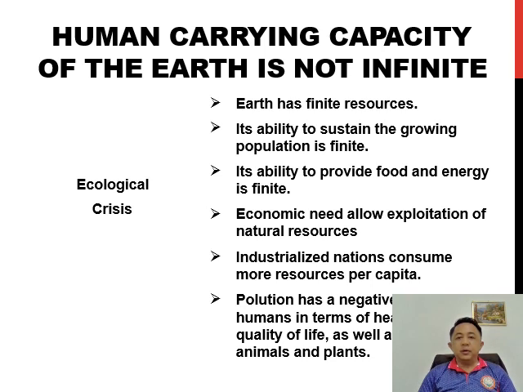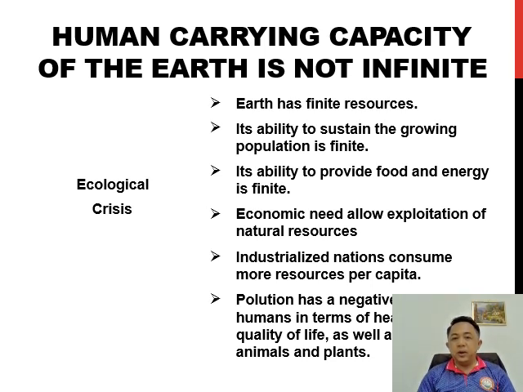So because the earth has only finite resources, it means there is a limit. And its ability to sustain the growing population is also finite. Meaning there is an end to its ability to sustain our growing population. Now, its ability to provide food and energy is also finite.